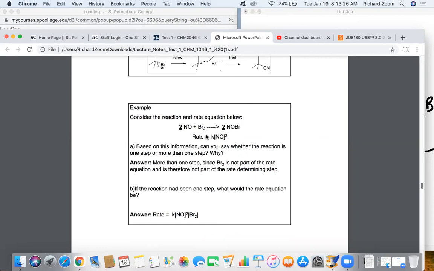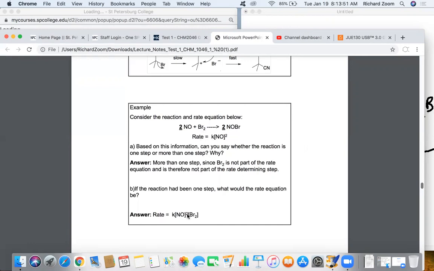Because the Br2 is not part of the rate equation, I can tell you that this is more than a one-step process. Now, what would a one-step process look like? It would involve everything that's in the reactants. Everything here, the 2 NOs and the Br2, would be reacting in one single step.